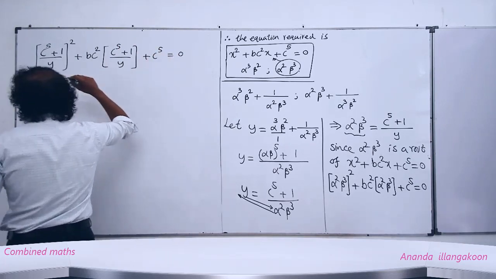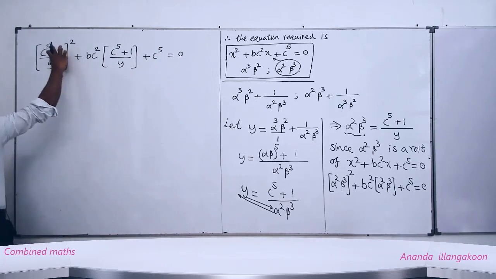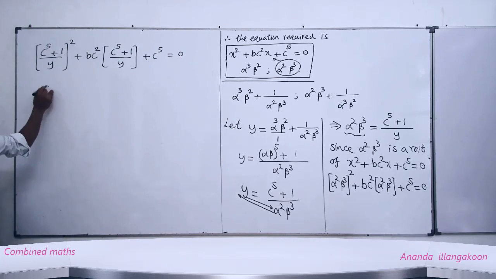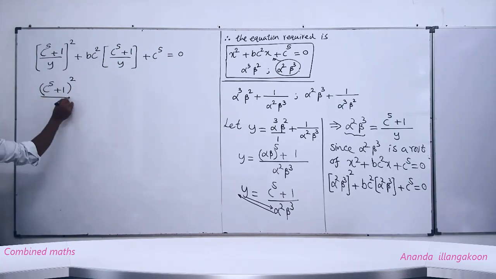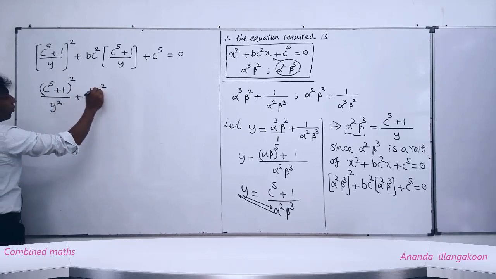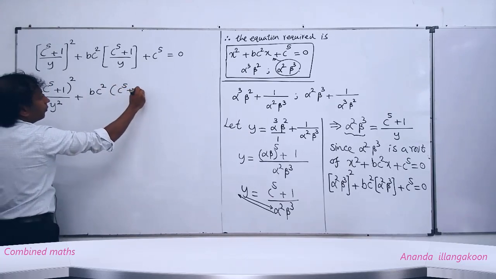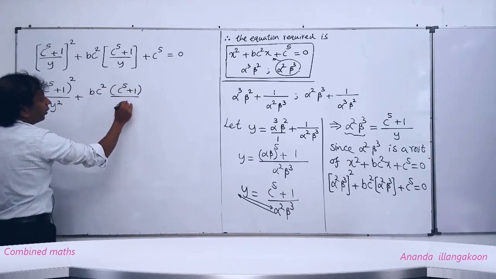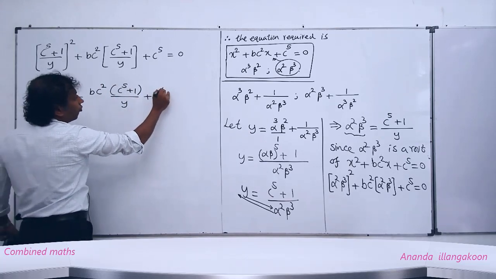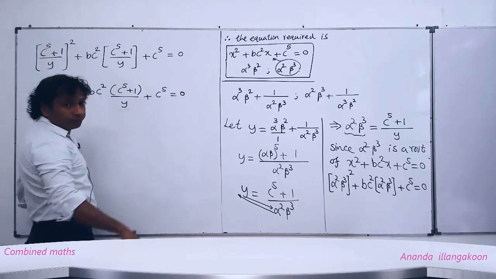Now we will simplify this. The perfect square of this fraction: we have to square the numerator as well as the denominator. Then we get c5 plus 1 perfect squared divided by y squared, plus bc squared times c5 plus 1 divided by y, plus c to the power 5, equals 0.